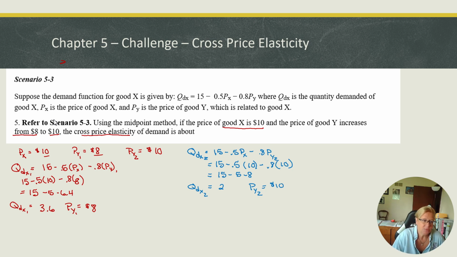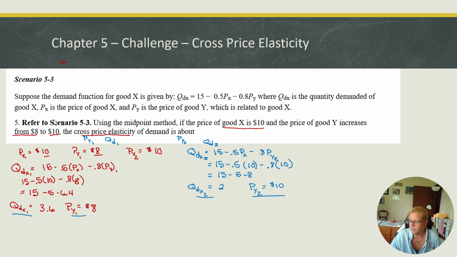So now, because we need cross-price elasticity, we have the price of good Y1 with the quantity demanded X1, and the price of Y2 with the quantity demanded X2. We're going to put this information into the cross-price formula.